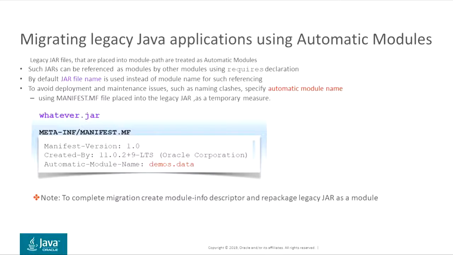So what you could do in a jar file, you can just add an automatic module name to manifest MF and control the name. And that's how you can just grab an existing jar, which is non-modular one, and use it in a module path until such time when you figure out what the module info for it should be and repackage. Yeah? So that's your migratory options.